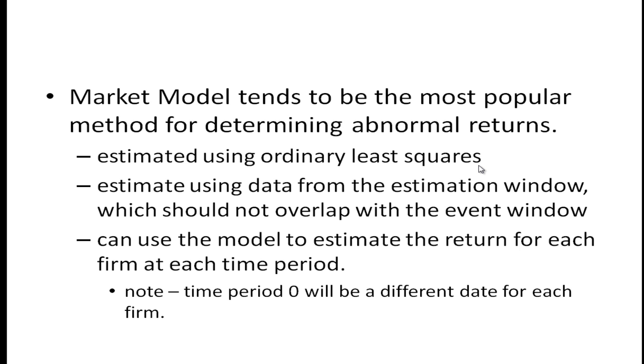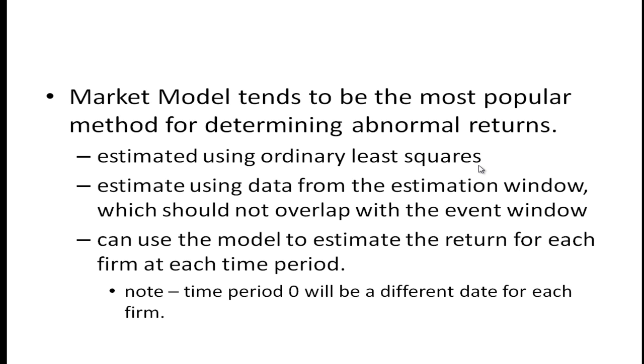all the parameter estimates. So you're going to estimate using data from the estimation window, which should not overlap with the event window. Okay, so we want it to be a separate set of data. So we're going to estimate over a certain time period, and then we're going to use the model to estimate the return for each firm at each time period.